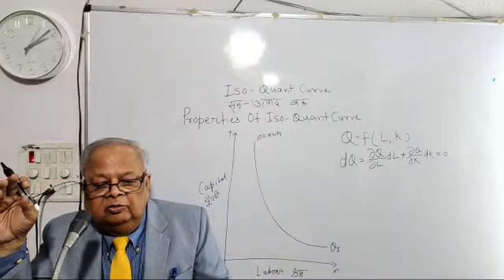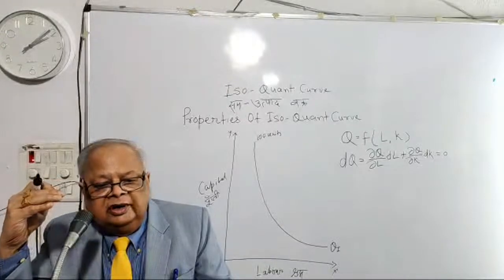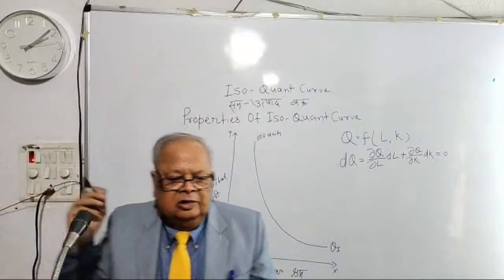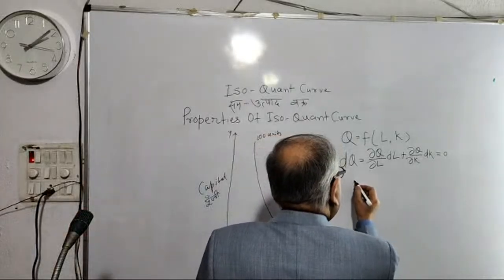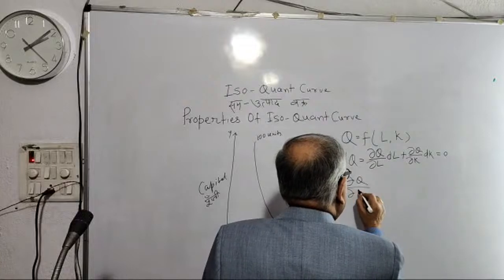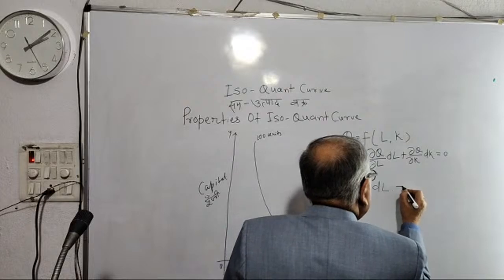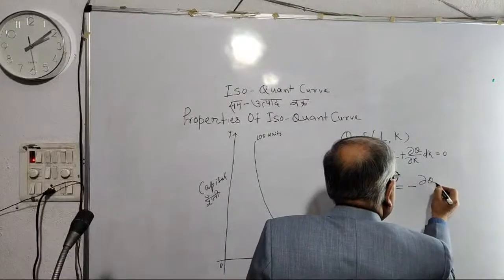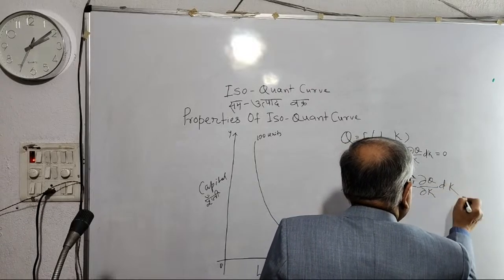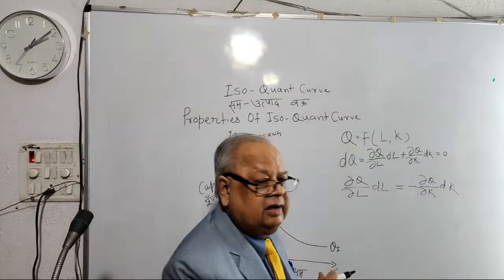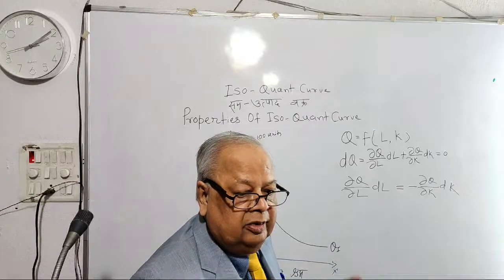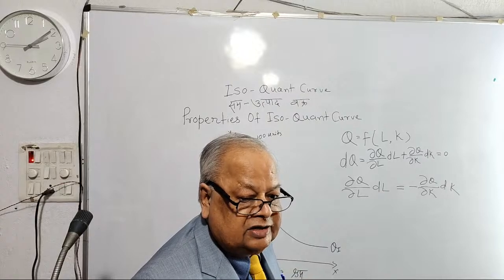We all know that if one term is put to the right hand side, then plus will become minus. So for expanding it, we will write del Q by del L into dL equal to minus del Q by del K into dK. When we take a term from the left hand side to the right side, multiplication will become division.